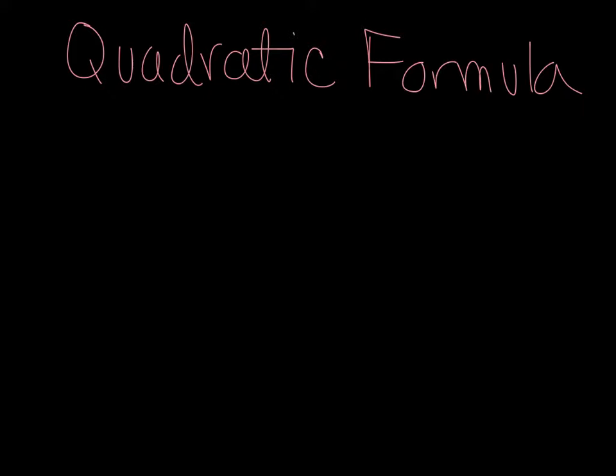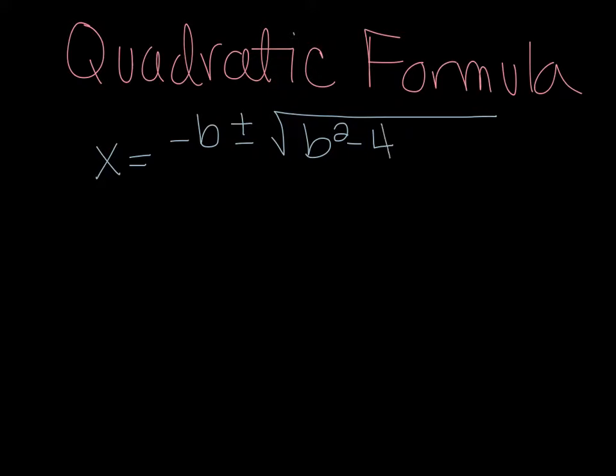Alright, so let's talk about the quadratic formula. Really nice and big in your notes. Let's go ahead and write this down together. So here we have x is equal to negative b plus or minus the square root of b squared minus 4ac, and those three things, 4, a, and c, are all multiplied together, all over 2a.